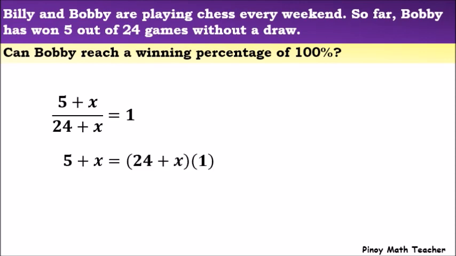So, 5 plus x equals (24 plus x) times 1 or that is 24 plus x. Next, transpose natin yung x from right to left. At yung 5 naman transpose natin from left to right. Okay, so x minus x equals 24 minus 5. So, x minus x is 0. Then, 24 minus 5 is 19. And 0 is not equal to 19. So, no solution.